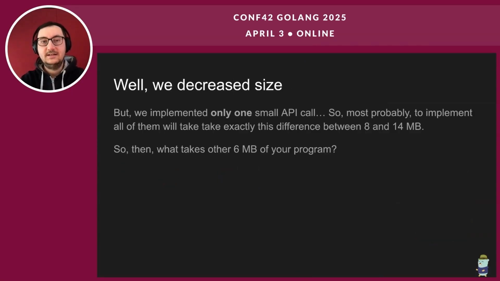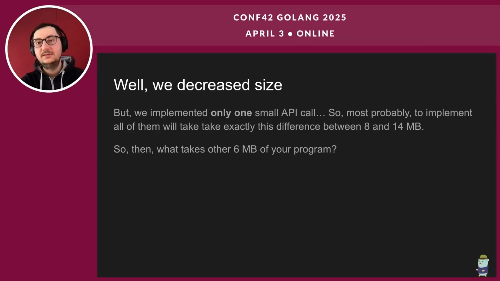Or why did this happen? Again, we implemented only one API call in our program, and S3 has multiple calls to list objects, add objects, remove objects, update, get versions. It's a huge amount of API calls.